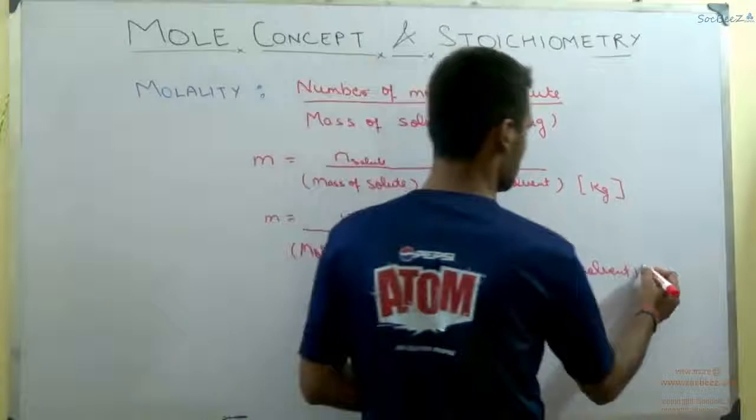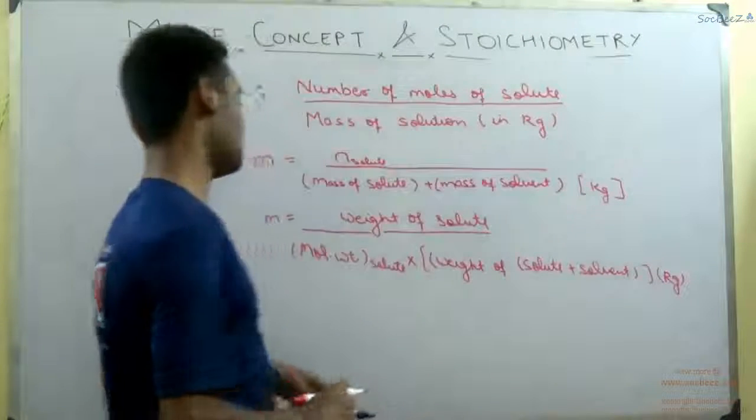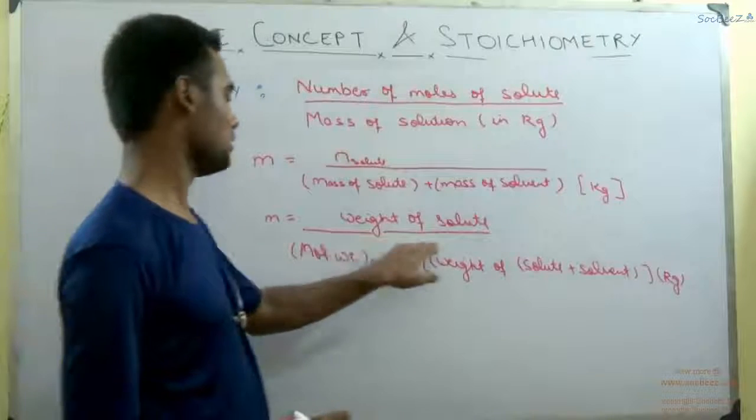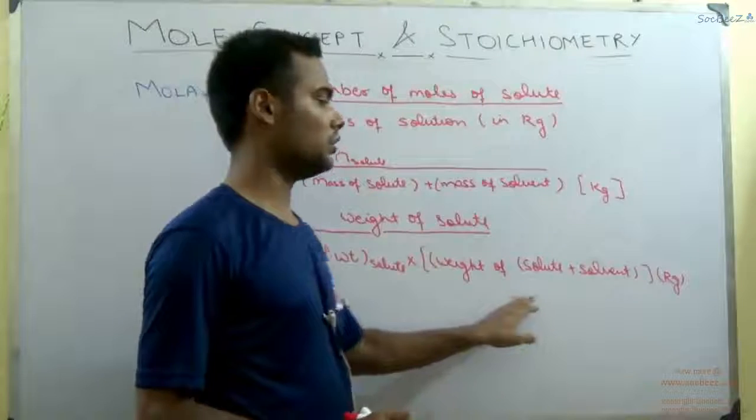Okay, so this is in kilogram. So here molality becomes weight of solute upon molecular weight of solute into weight of solute plus solvent.